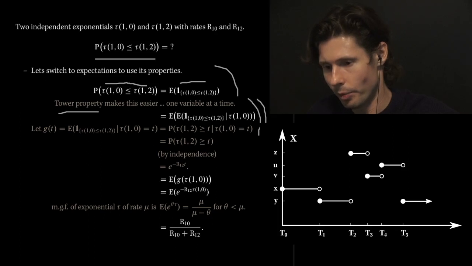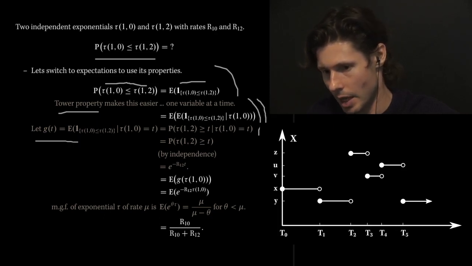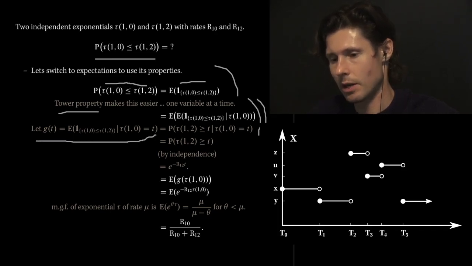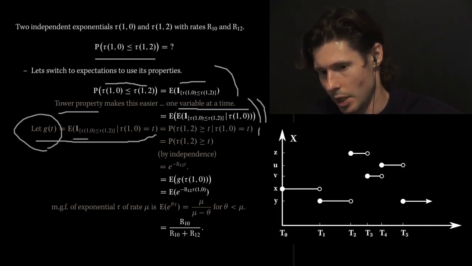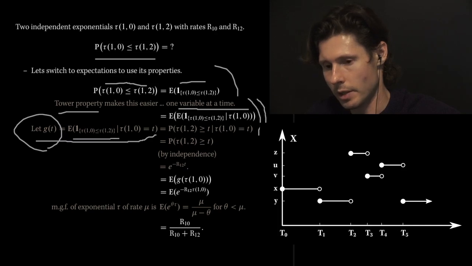And now to break things up into more systematic steps, I've defined this function g in terms of this inner expectation. The tower property always gives me an inner and outer expectation. I'm going to take the inner one and use it to define this function g. That's the expectation of tau 10 being less than tau 12, conditioned on tau 10.